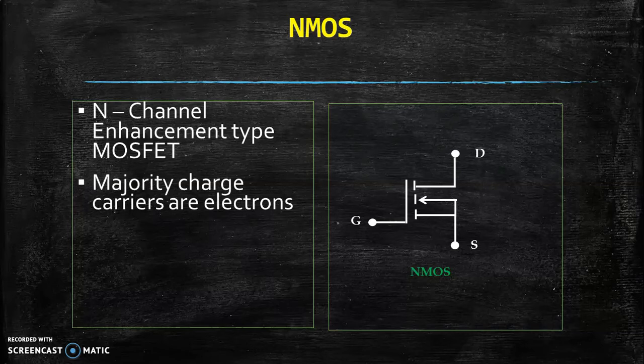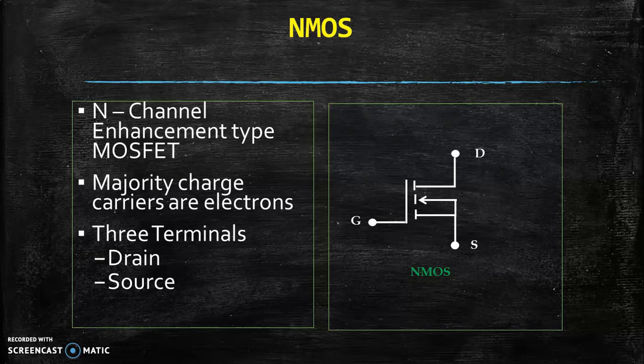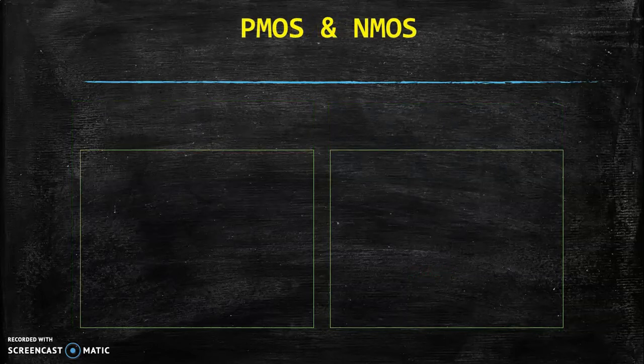We know that a field effect transistor is a unipolar semiconductor device, and it has three terminals: drain, source and gate. PMOS as well as NMOS has certain advantages and disadvantages also. So first let us see the advantages.